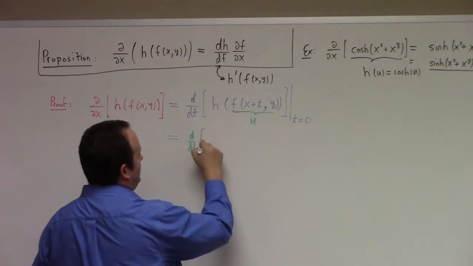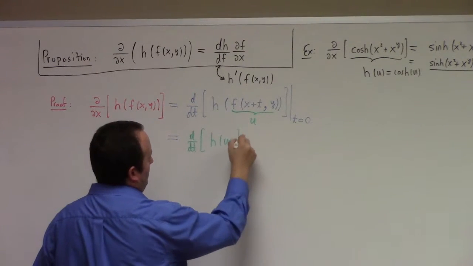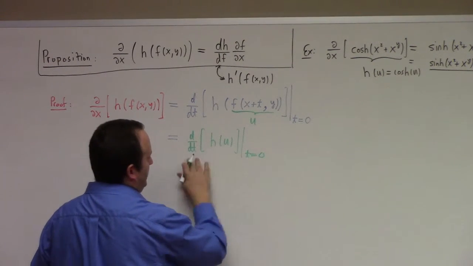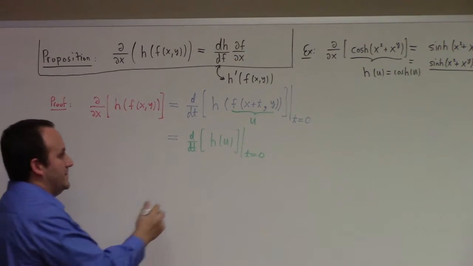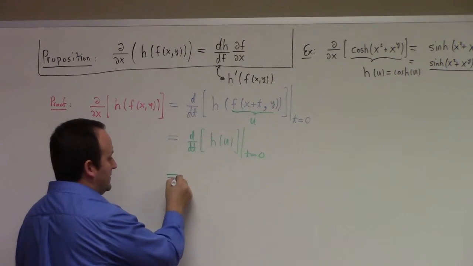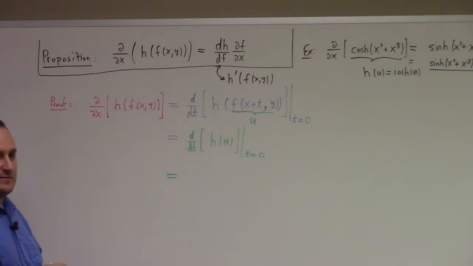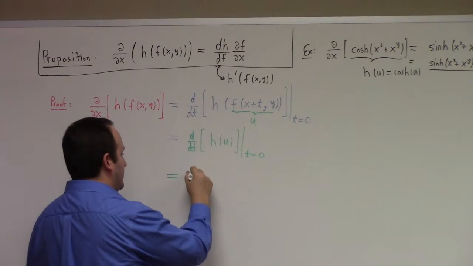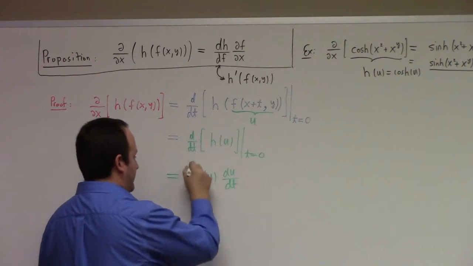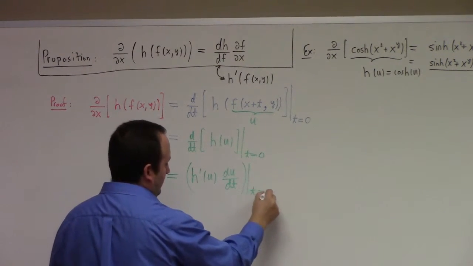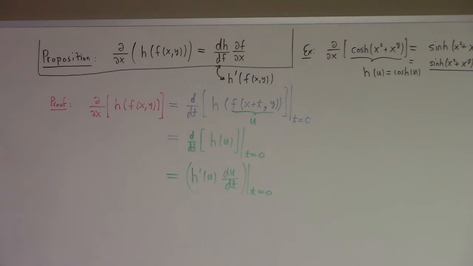So if I've got d/dt of h of u, putting t equal to 0 at the end, how do you differentiate such a thing where u and h are functions of time, real valued functions of a real variable? How do you differentiate a composite function? Chain rule, right? So I would do h prime of u times du/dt. And after all that's done, I put t equals 0, right? But just undoing the notation, what was u?